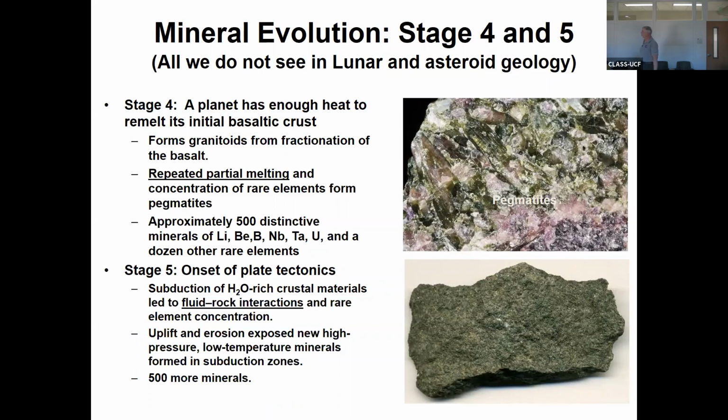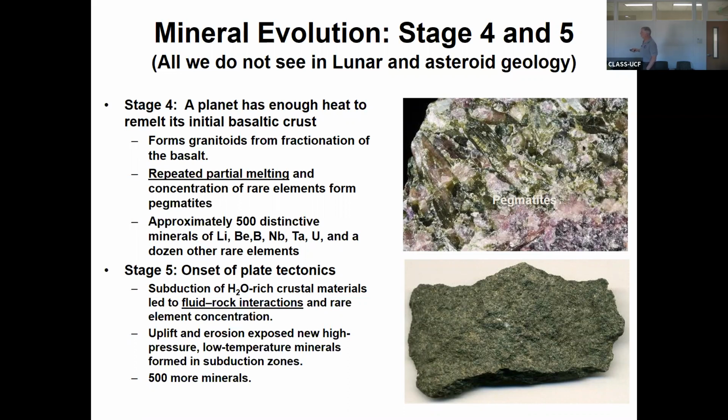Just to run you through what you don't see in lunar and asteroid geology, I will briefly go over the other stages. Stage 4 is you have enough heat to remelt the initial basaltic crust. So you form granitoids. Things like pegmatites, which I'm not going to get into, but the thing is that you concentrate relatively rare elements to make a bunch of distinctive minerals.